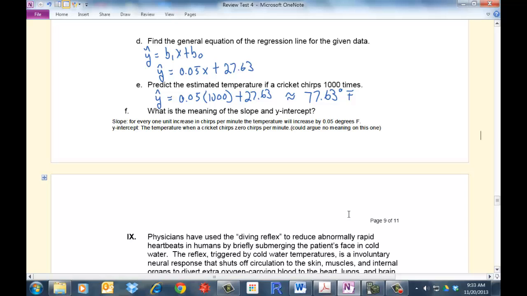And for the y-intercept, remember that's just the response variable y hat when x is 0. When it's 0 degrees outside, you could argue that these crickets might not be around. So you could really argue no meaning on this one, but if it did have meaning, you would say that the temperature when a cricket chirps 0 chirps per minute would be the meaning for the y-intercept.